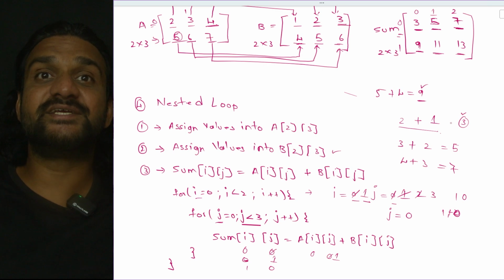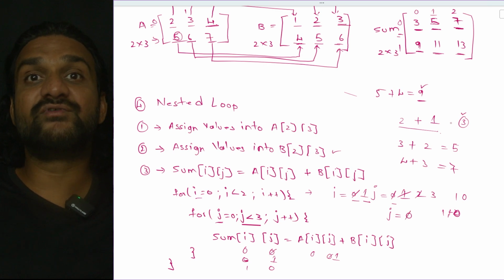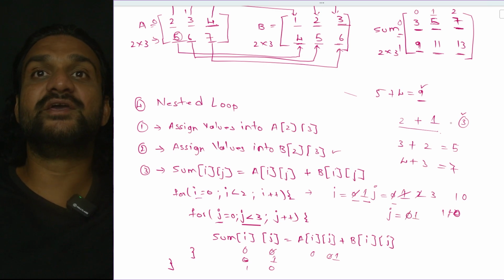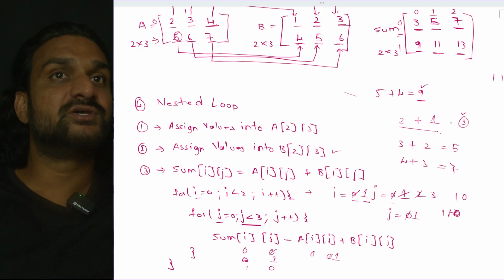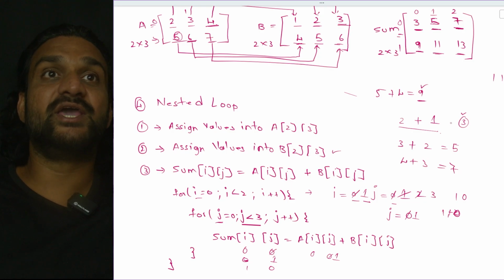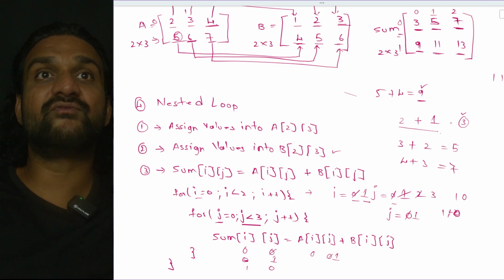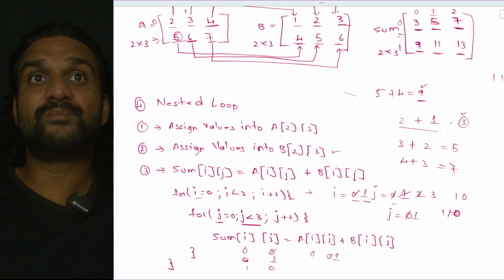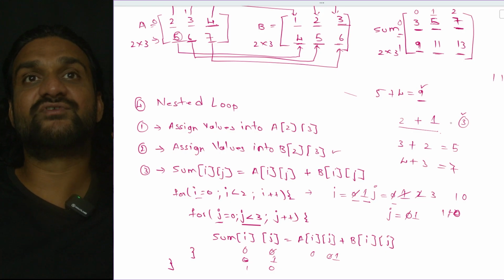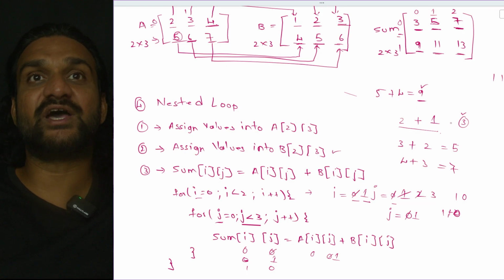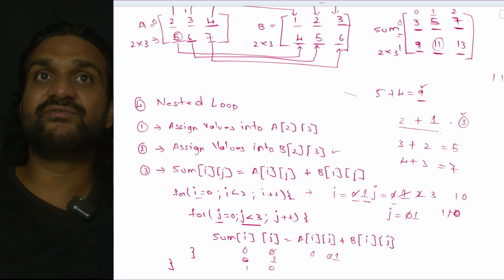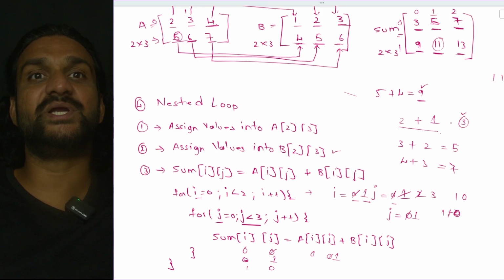Now in the second iteration, the value of j will become 1. So here it is 1 comma 1. The same thing: a of 1 comma 1 is 6, and b of 1 comma 1 is 5. So the summation 6 plus 5 is 11, and this is the position where the 11 will get stored. Similarly, for the third value the iteration will be done.